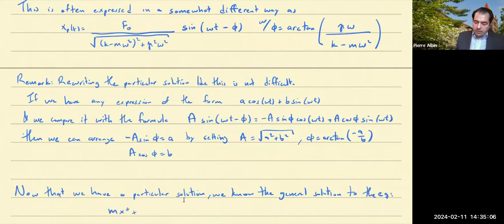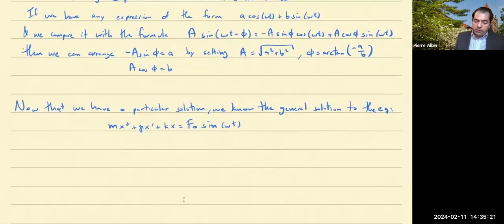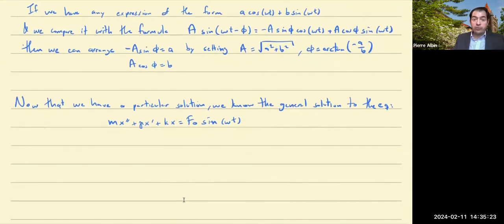M x double prime plus gamma x prime plus kx equal to capital F naught sine of omega t. Of course, it looks a little different depending on which of the three cases we're in.